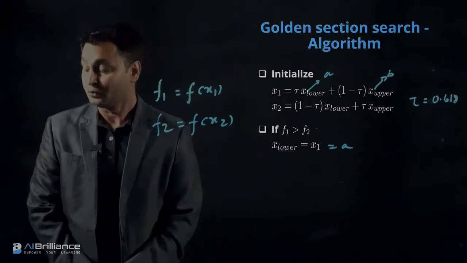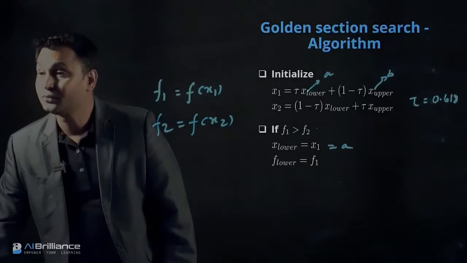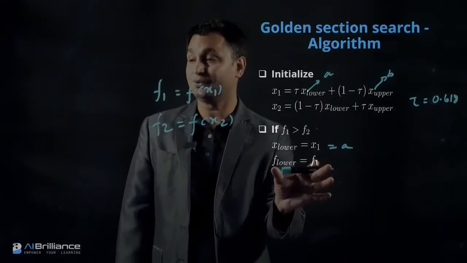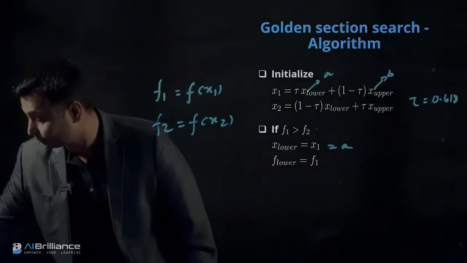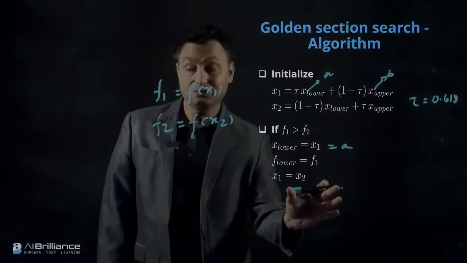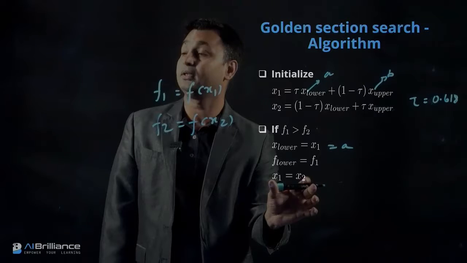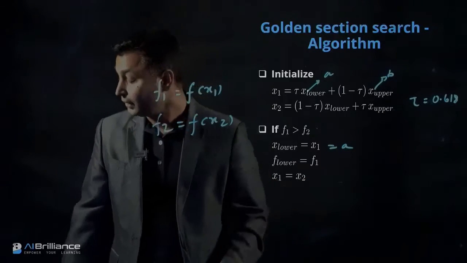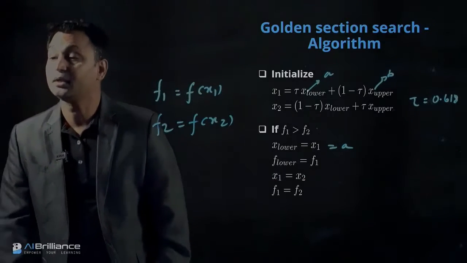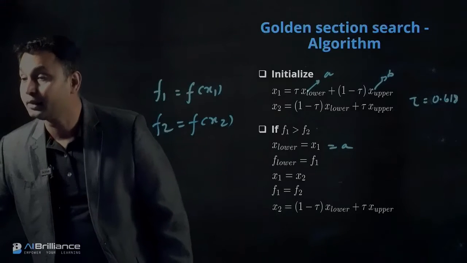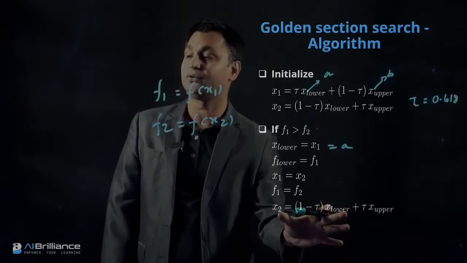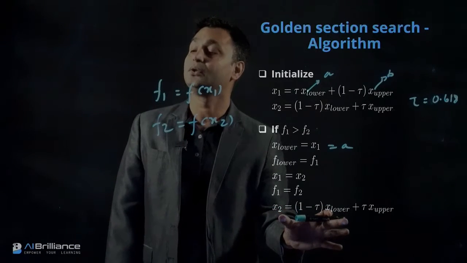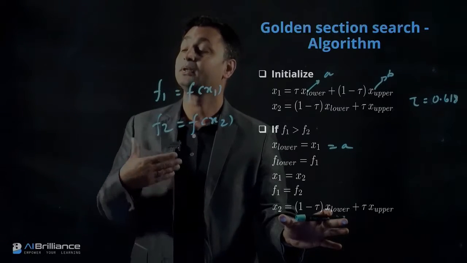At this point we have also evaluated the function values, and then we make the x1 that is currently there equal to x2. Then we generate a new value for x2, and this is the equation you use for generating the new value of x2 in this scenario.